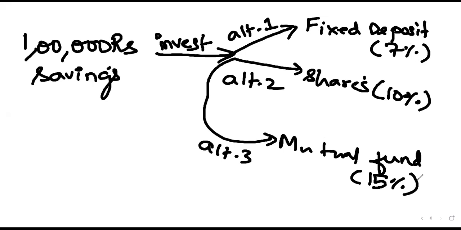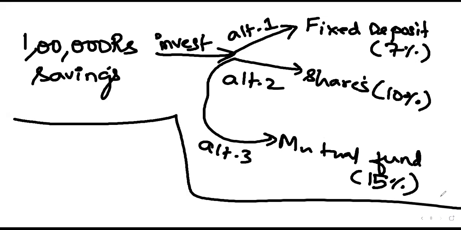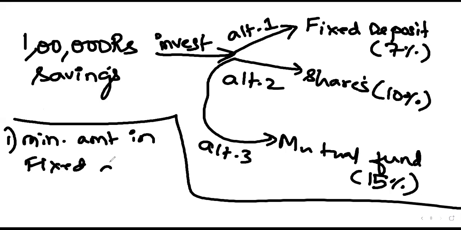Now the problem is that this investor has put some constraints. First, minimum amount has to be equal to 10%.